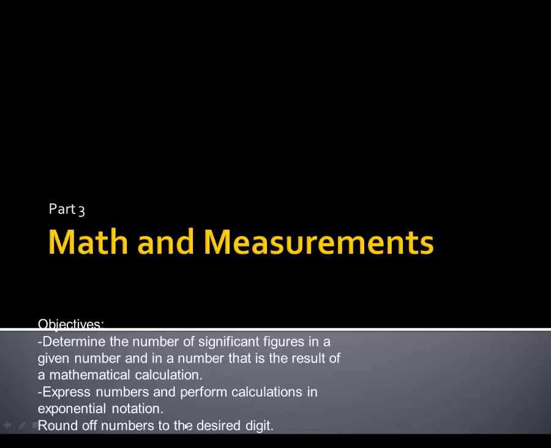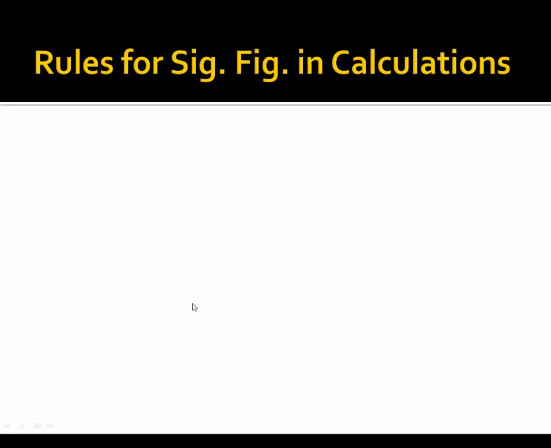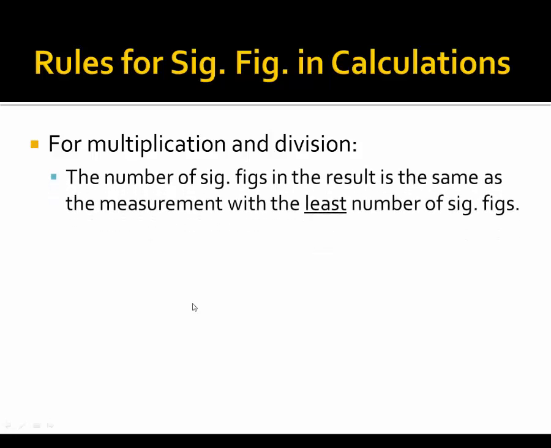So let's jump right into this. Let's talk about rules for significant figures for math operations. For the first operation, let's talk about multiplication and division. In a multiplication, the number with the least amount of significant figures is going to be the least accurate number.